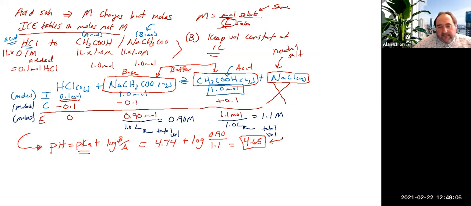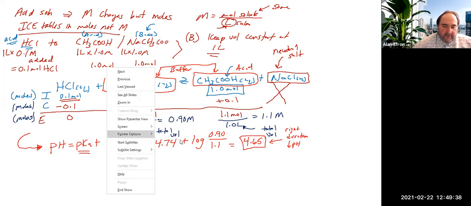Not a tremendous difference in pH, but more importantly, it went in the right direction. What I mean by that is we added acid, which means we would expect the pH to go down. So it went from 4.74 to 4.65. It went in the right direction. If you did this calculation and ended up with a pH of 4.9 or 5, you're going in the wrong direction because you're adding acid in this particular case. Any questions on that there?